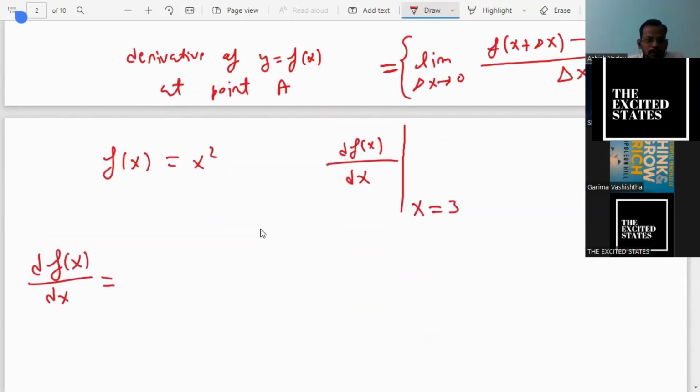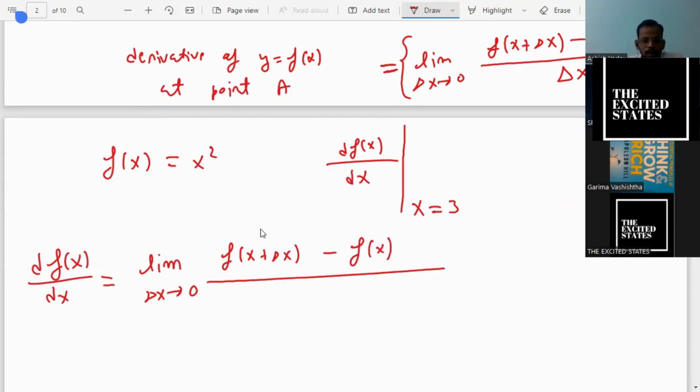So that means it will be limit delta x approaching towards 0, f of x plus delta x minus f of x over, although I have already simplified it, so I will directly write in the denominator delta x, not x plus delta x minus x, because x and x will be cancelled. That will be left with delta x.